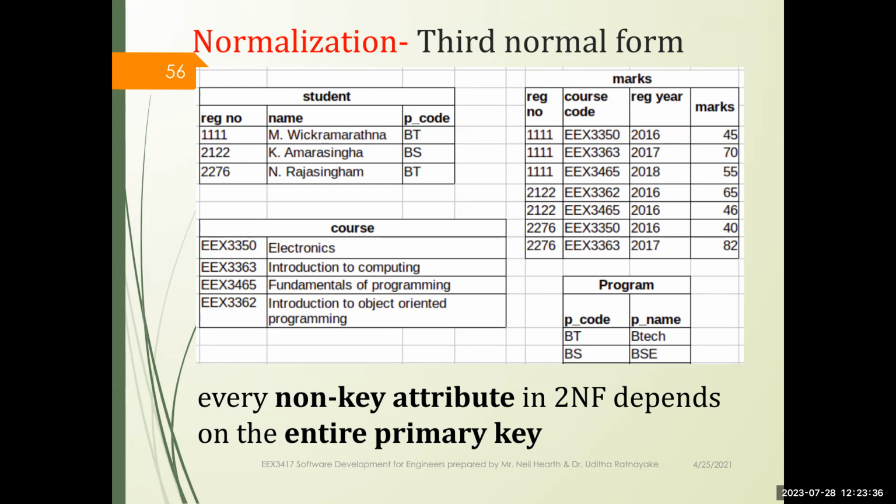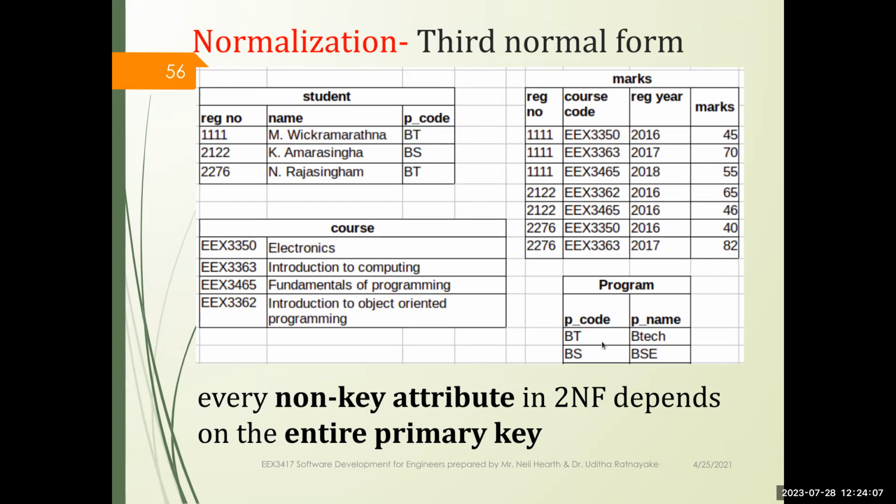Every non-key attribute depends on the entire primary key. Now this primary key, student registration number, is the primary key. For this primary key, only the student details will be available.